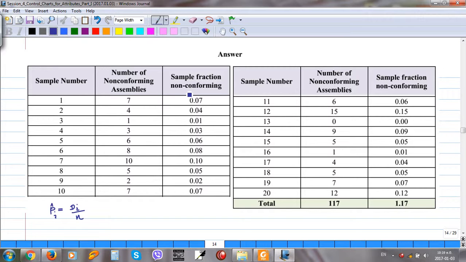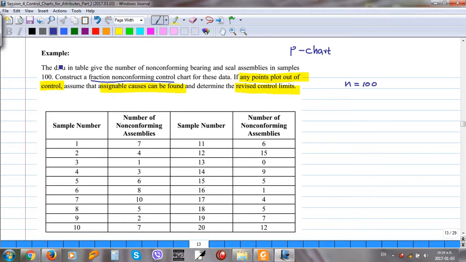So p1 equals d1 over n. Here d1 equals 7, and n is given as 100.